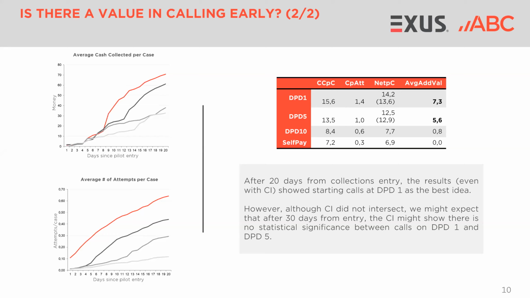I think there would be between 1 and 5 a right time to call. It's just that from day one there is a high self-payment curve, so you want to start calling when the self-payment is not as big, just to save your costs.